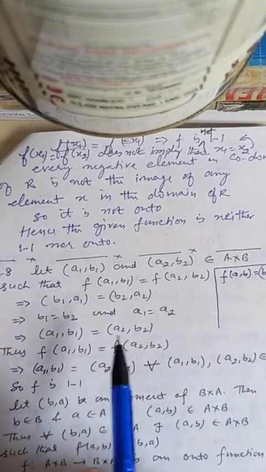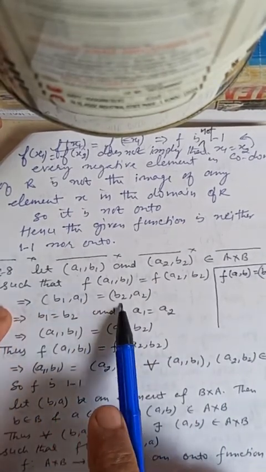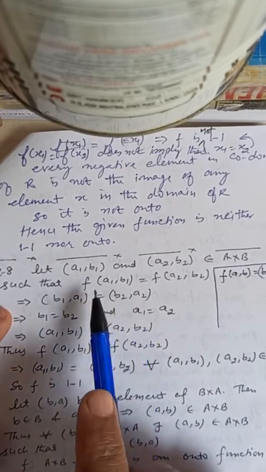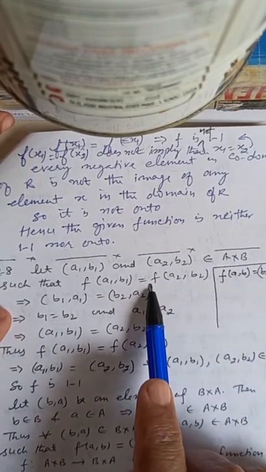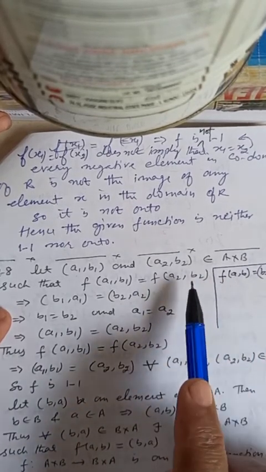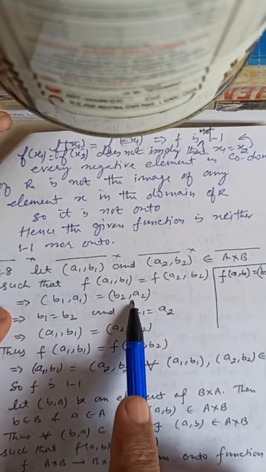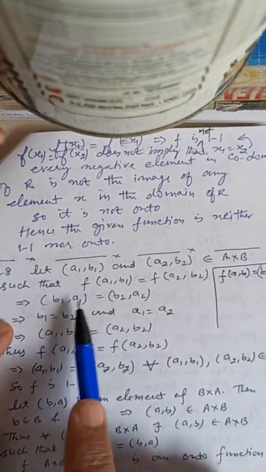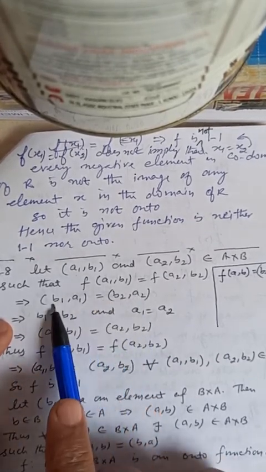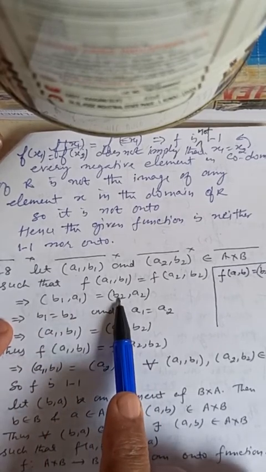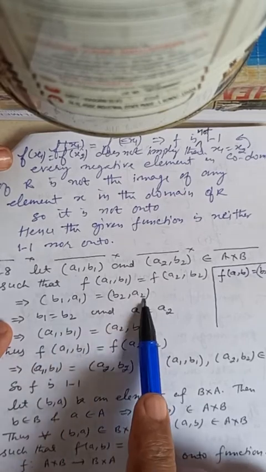So now from here we get that (b1, a1) is equal to (b2, a2), because f(a1, b1) is (b1, a1) and f(a2, b2) is (b2, a2). These two ordered pairs are equal only when the first element of the first ordered pair is equal to the first element of the second ordered pair, and the second element of the first is equal to the second element of the second.